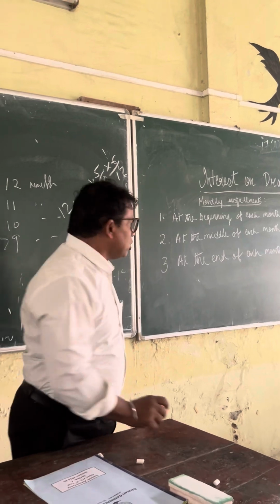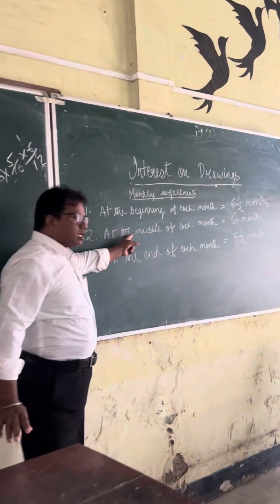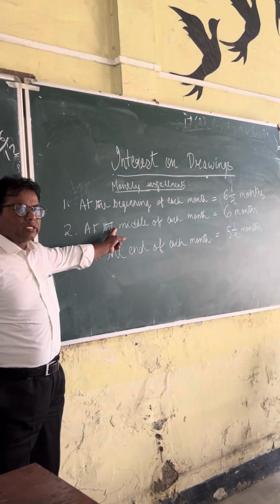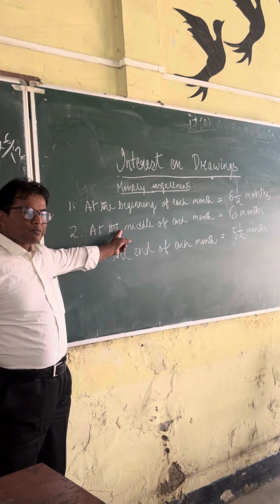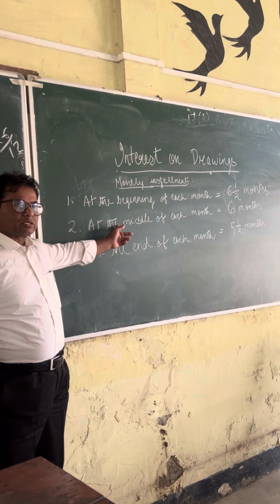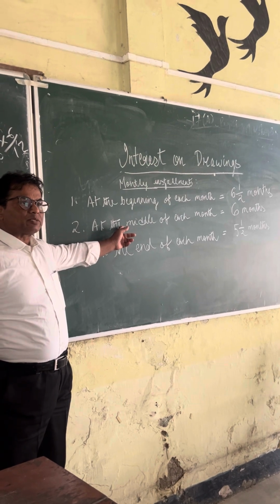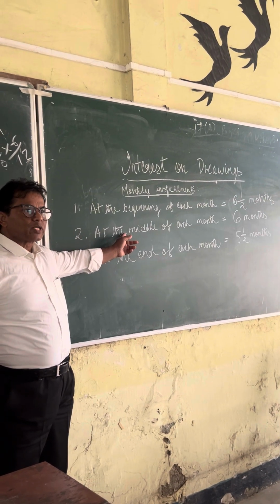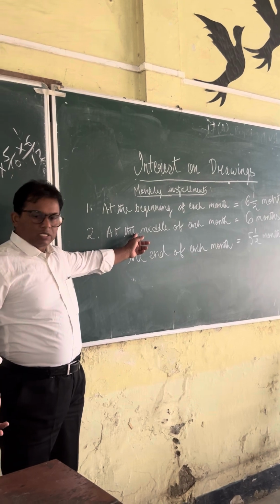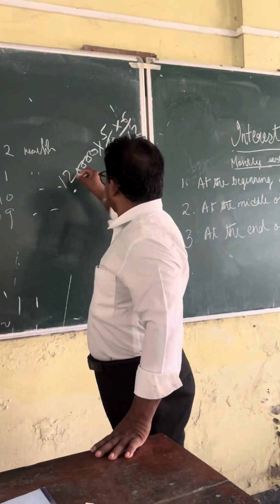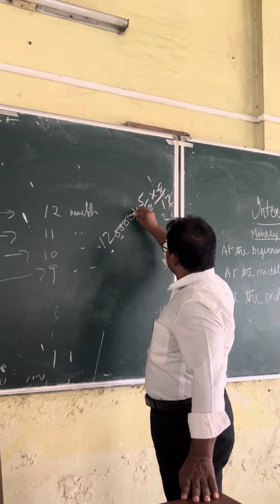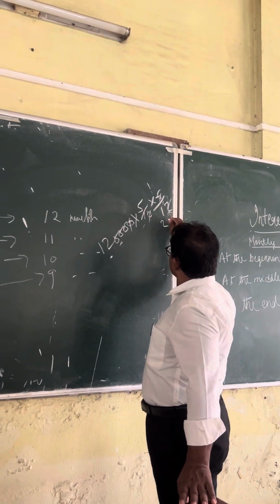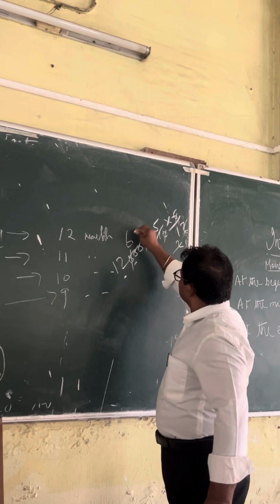Because we know when the amount is drawn at the middle of each month, you have to calculate interest for 6 months. So 6 by 12, and 5% is given in the question. And 10,000 every month means 1,20,000. If you calculate this way, cut it by 2, then cut it.